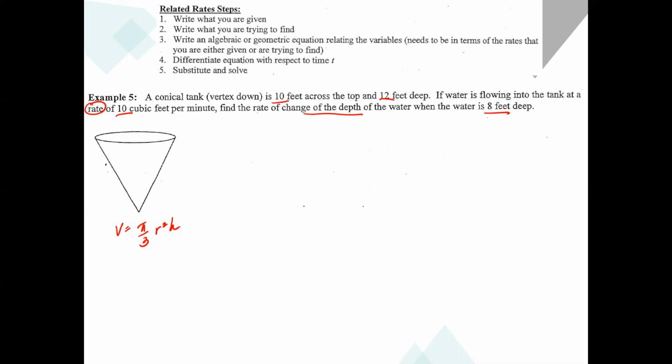Now it's given to you that the rate of change for the water flow is in terms of volume, so dv over dt is 10 cubic feet per minute. But don't forget your units because you're talking about volume.